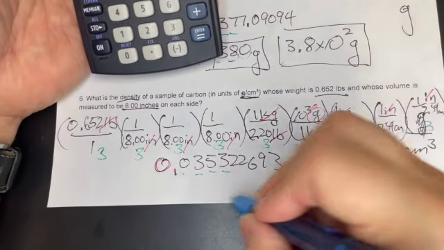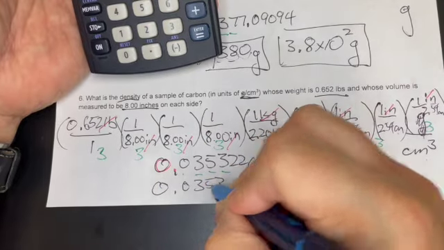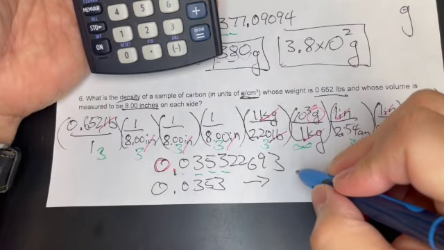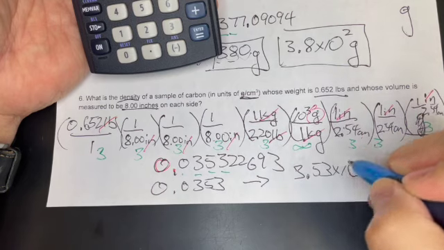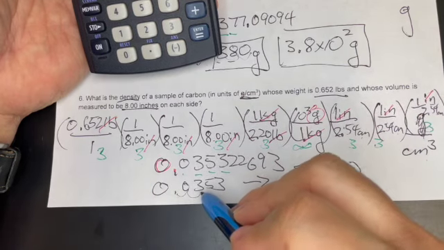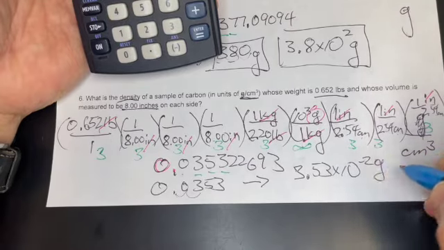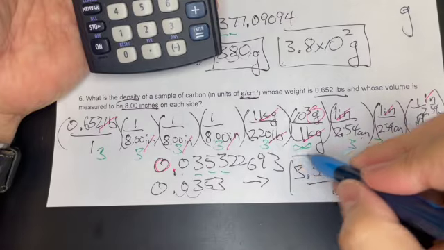That's going to be 0.0353, or we can convert that into scientific notation, 3.53 times 10 to the -2, since it's a small number, grams over centimeters cubed.